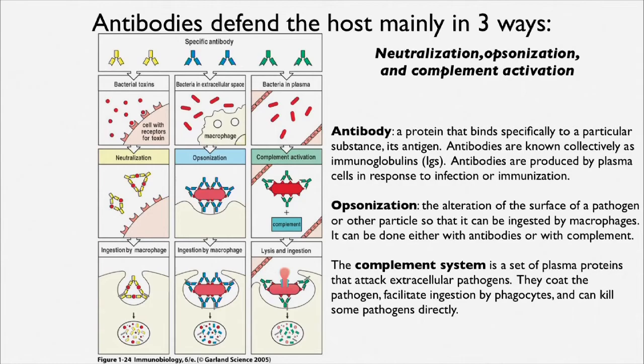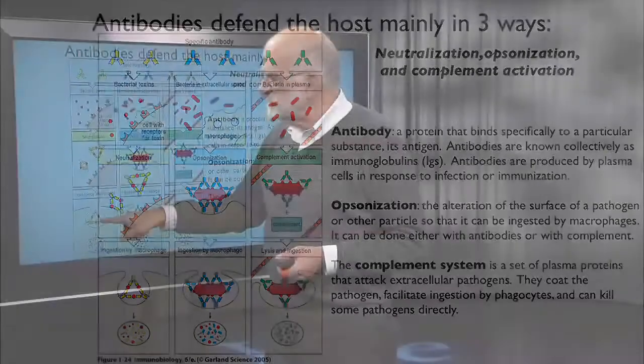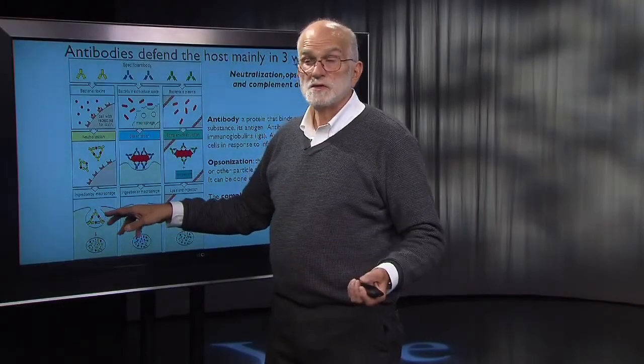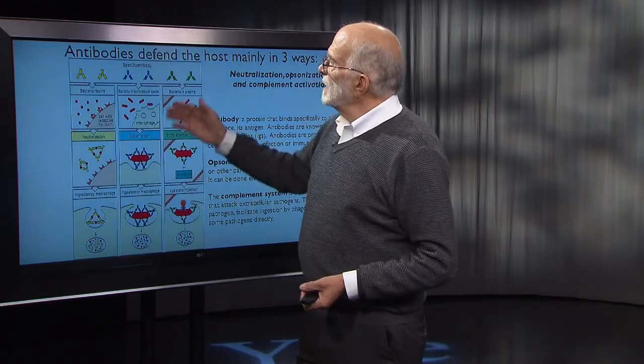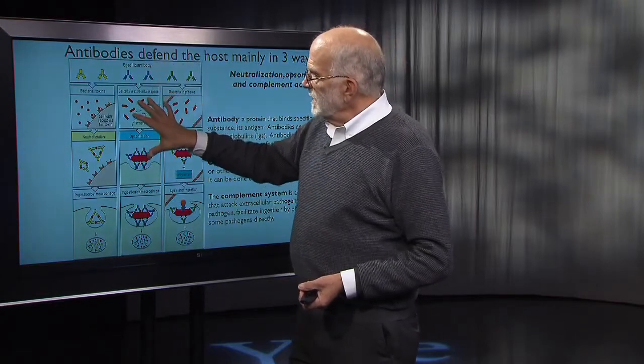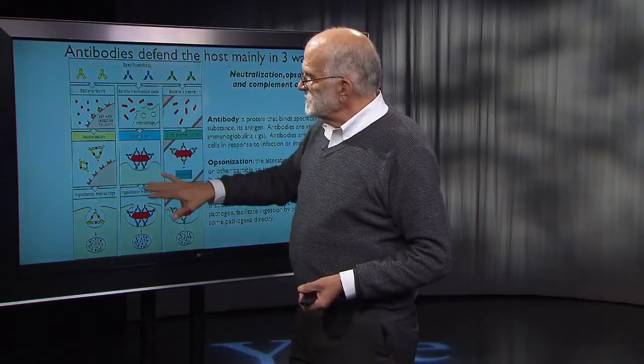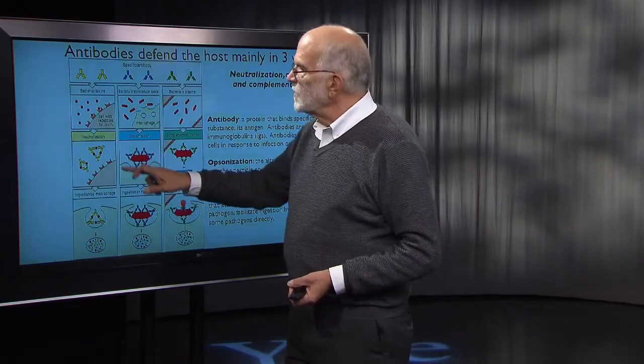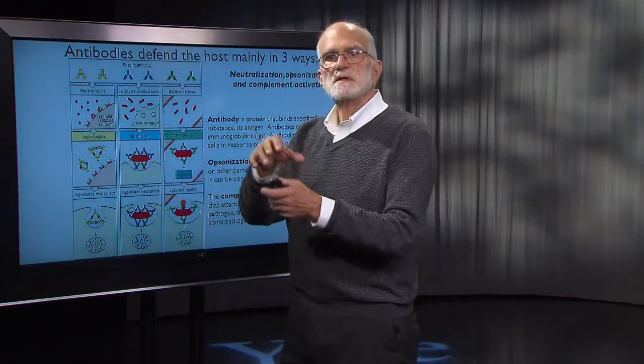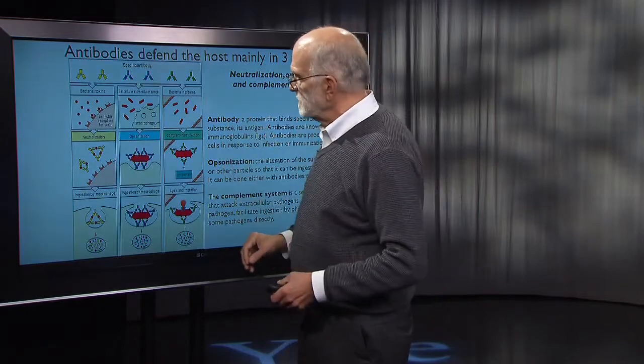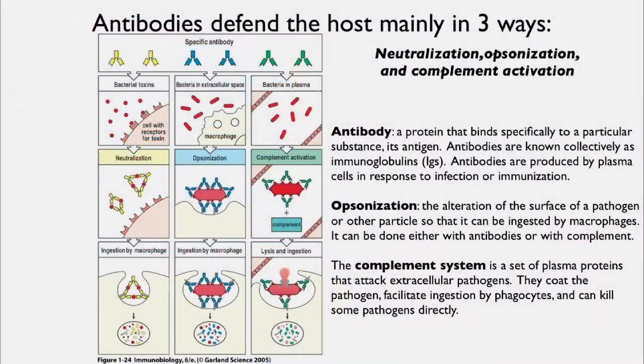So if we think about what antibodies do, some antibodies are going to interact with bacterial toxins, and they will neutralize them so that they can be ingested by macrophages without damaging the macrophage. Other antibodies interact with bacteria that are out in extracellular space. They coat it, so they bind specifically to surface molecules on the bacterium. And that can then be recognized by the macrophage as, oh, that is a particle that I ought to eat.